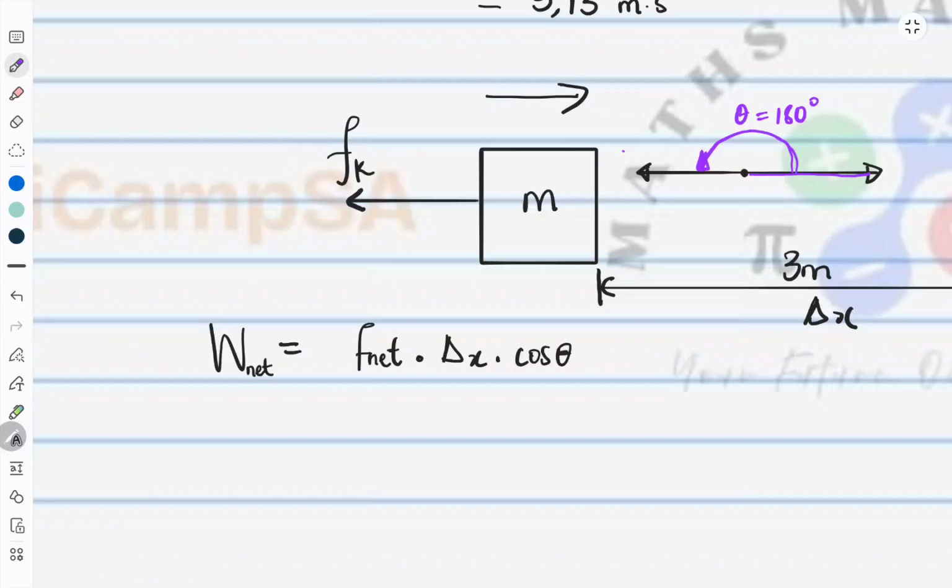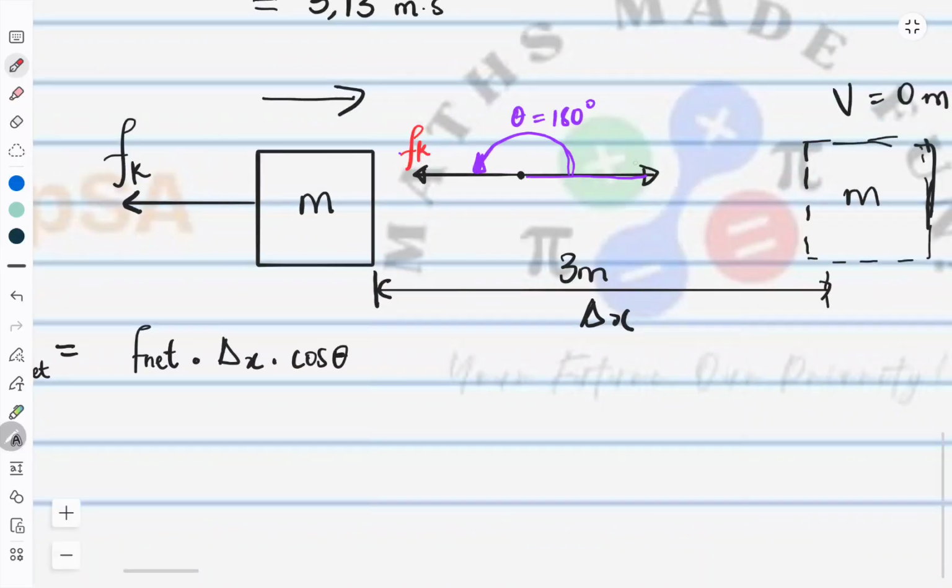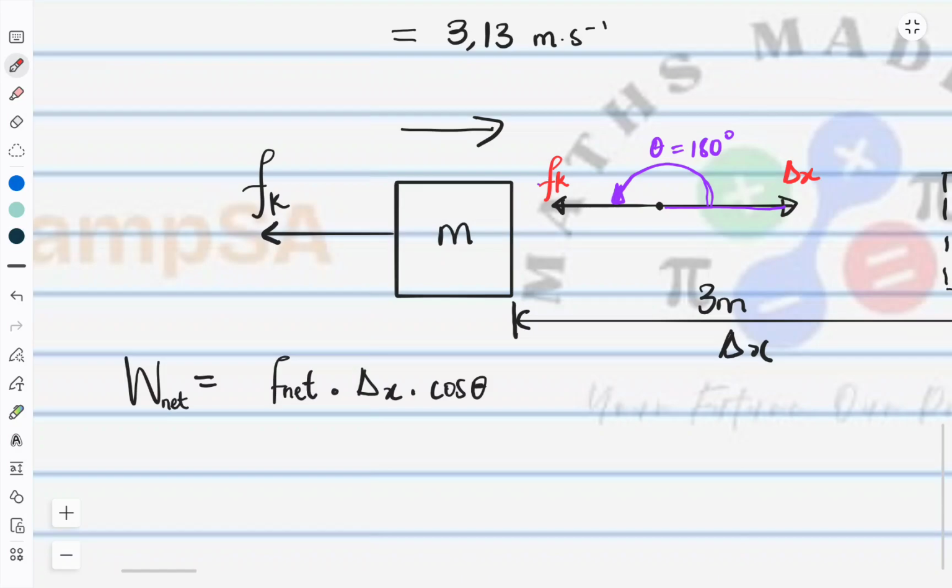That's what theta represents. Let me label them: that's friction, and that's the direction of motion or the path, delta x. The displacement is to the right while friction is to the left, so the angle becomes 180. That's how you get theta.